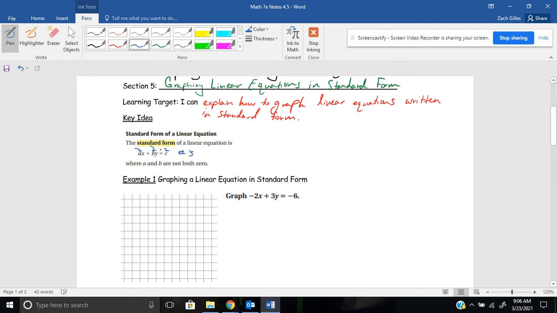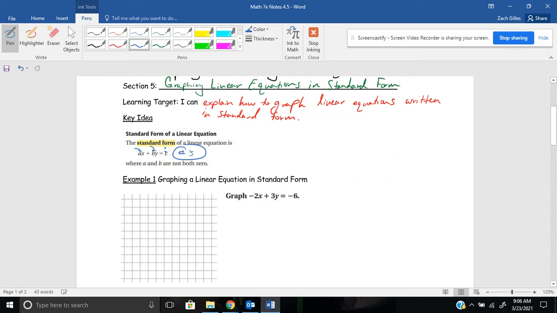So we'll just have x and y left in that equation, and that's what we're kind of used to dealing with when we're graphing. So A and B can't be zero, and A, B, and C are all numbers.